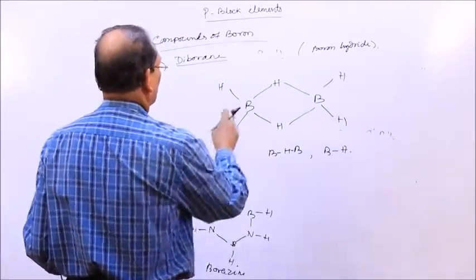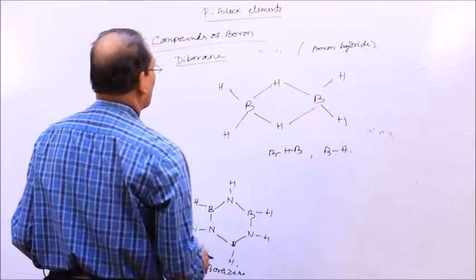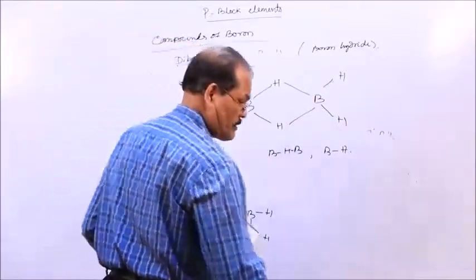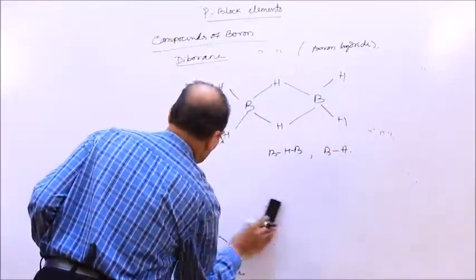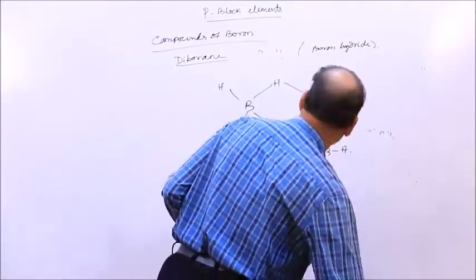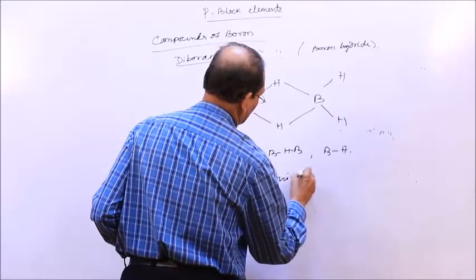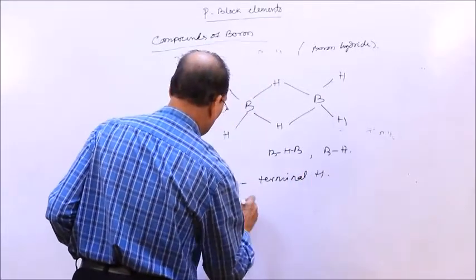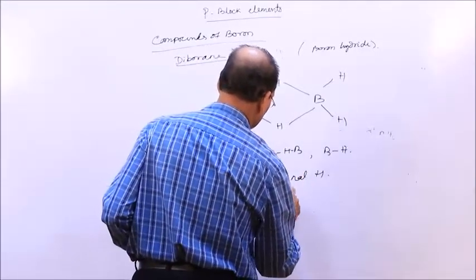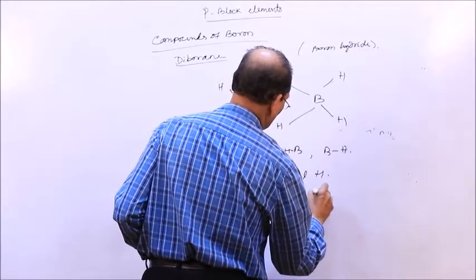So there are four terminal hydrogens and two bridged hydrogens.